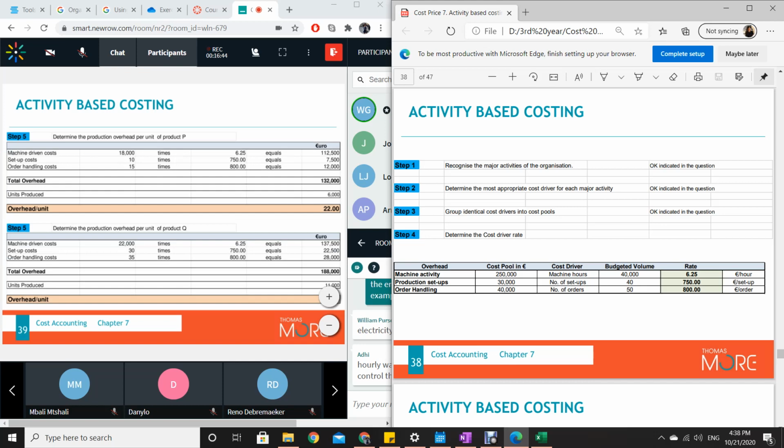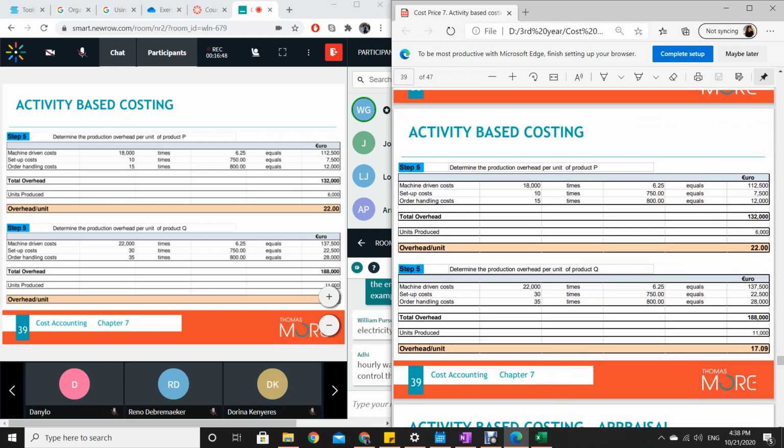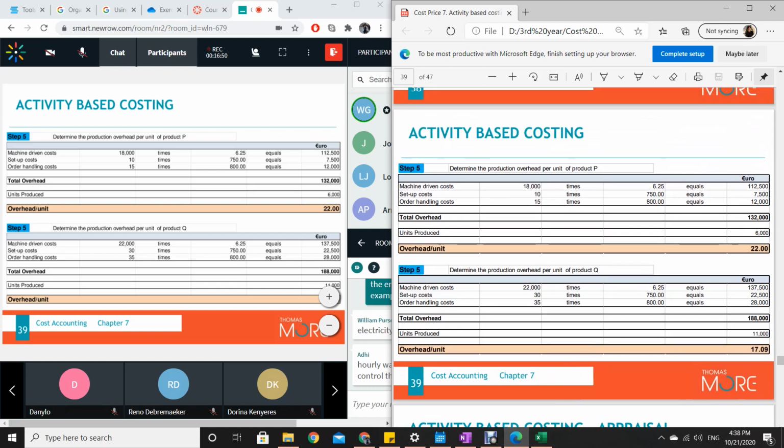So we know for product P, there are 18,000 machine hours, and the machine overhead in this activity pool is calculated with a cost rate of 6.25 euro per machine hour. So you do 18,000 times 6.25, it's 112,500.